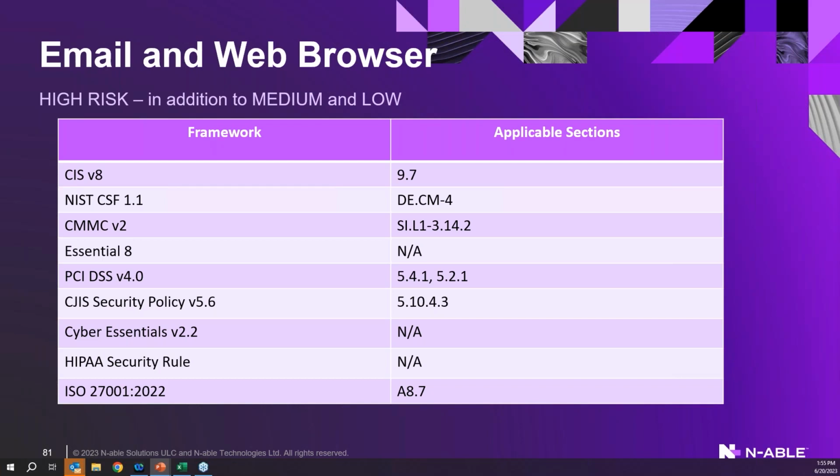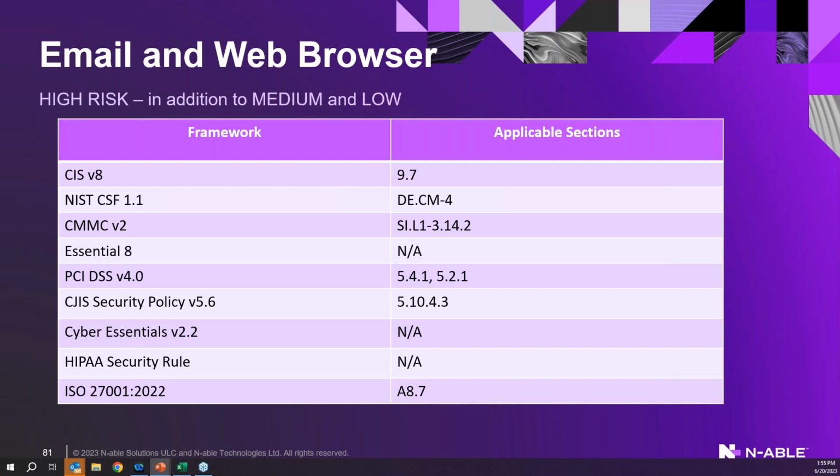You'll see that most of the frameworks here, such as the Essential 8 and Cyber Essentials, tend to start falling off at the high risk level because they are essentials. They're saying these are baselines that you should have applied across the board, regardless of the risk profile of the environment.